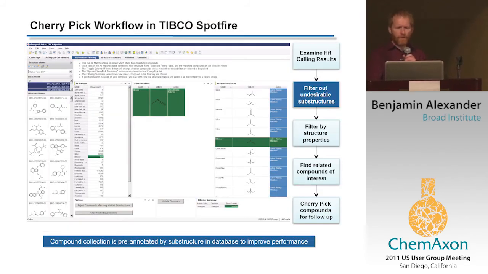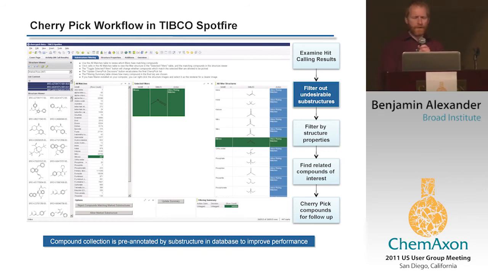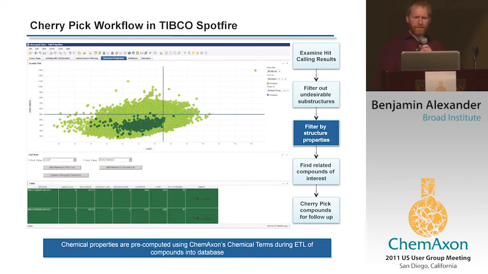We can go through and pull out any groups that are undesirable. I think here we're pulling out nitroso substructures. We can filter those compounds by properties of whatever sort. Here we have a plot of mass against log P, so we're looking at Lipinski sort of things.